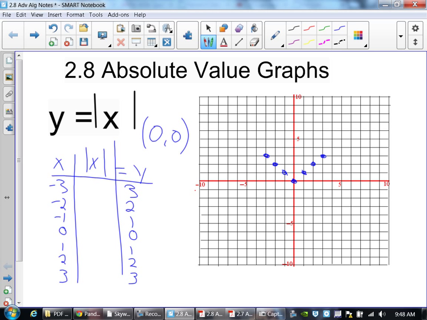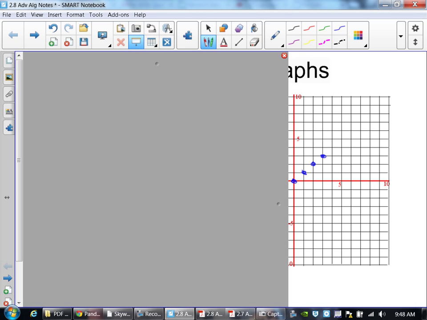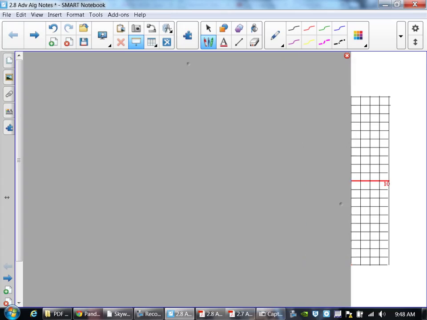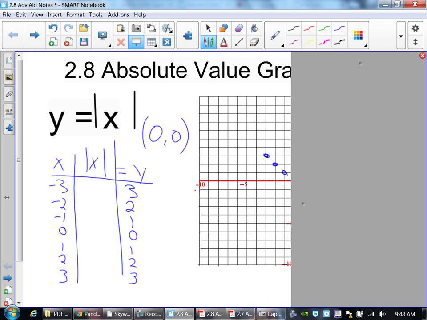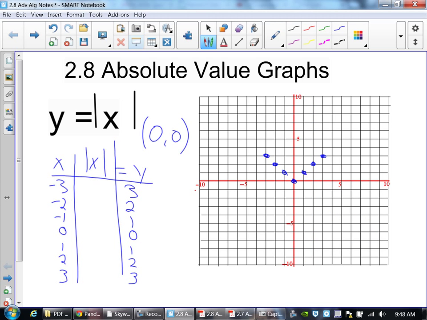Also, if I look at just one side of this graph, what's the slope of that? It's 1. What's the slope on the other side? -1. Boy, that's convenient, isn't it? So the value in front of the x gives slopes, one positive and one negative. All of our absolute value graphs mirror this exact same pattern.